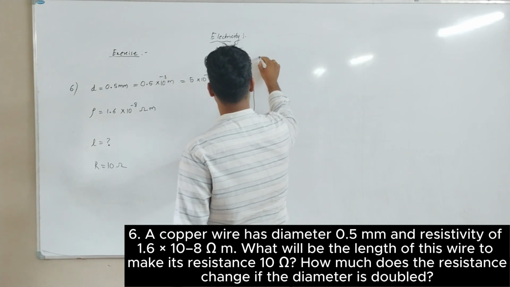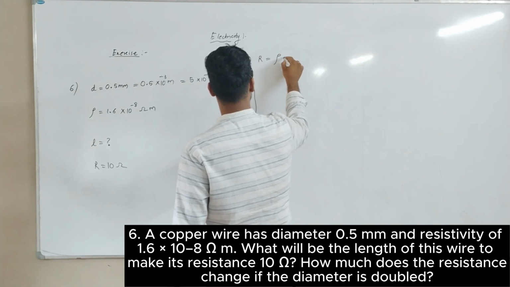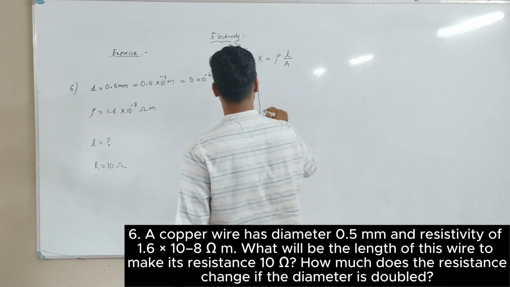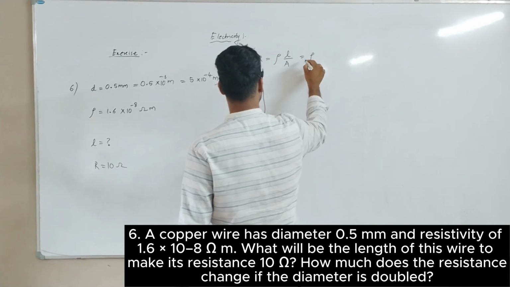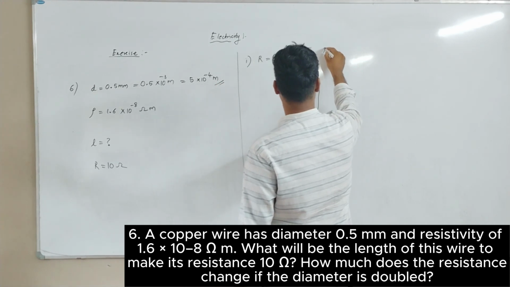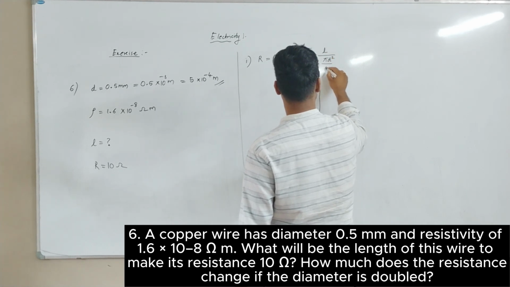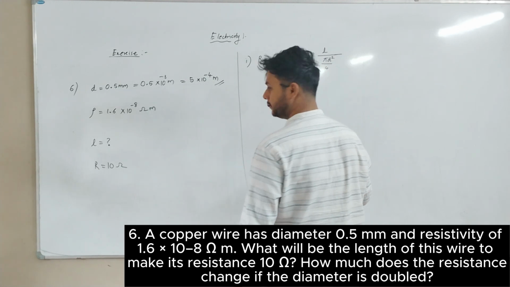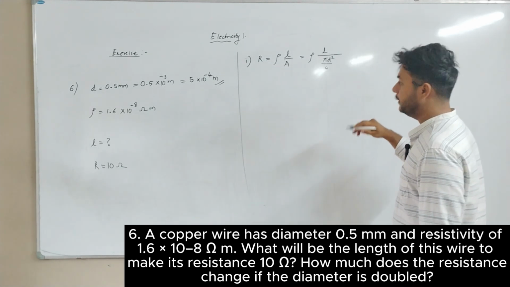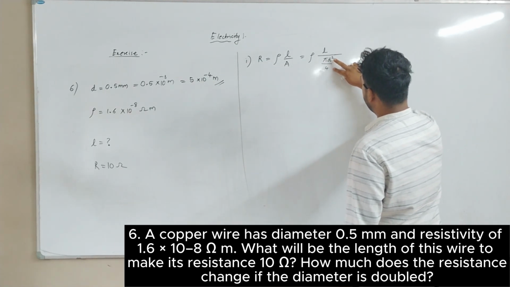First one, we know that resistance is equal to rho L upon A. A means pi d square by 4.